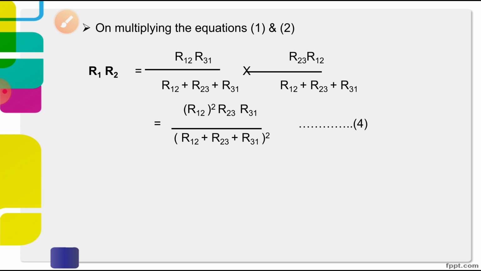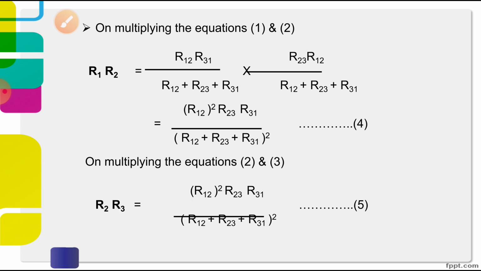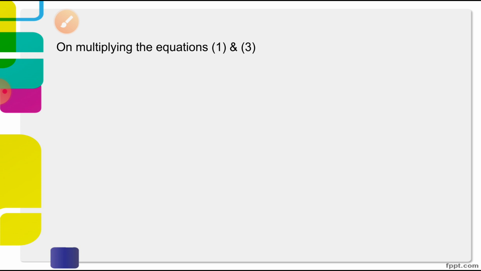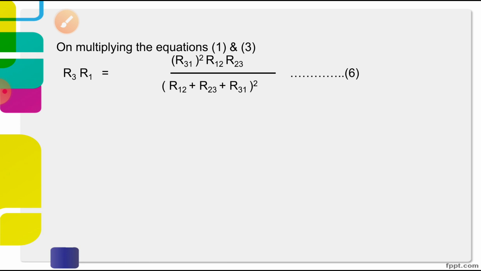Similarly, multiplying 2 and 3, and 3 and 1, multiply it. So we are going to get one equation. Next, multiply the other one, 1 and 3, we get this equation. Now we have the fourth equation, fifth equation and sixth equation by multiplying 1 and 2, 2 and 3, 3 and 1.